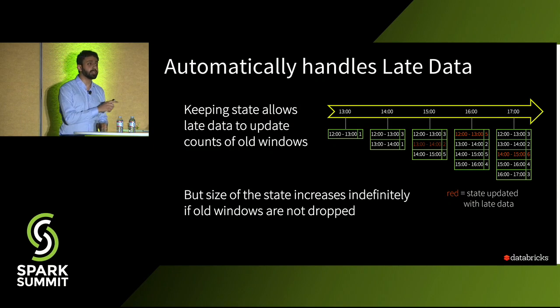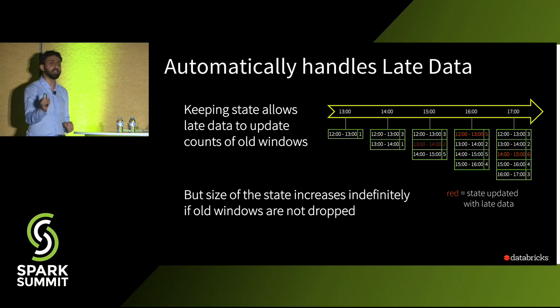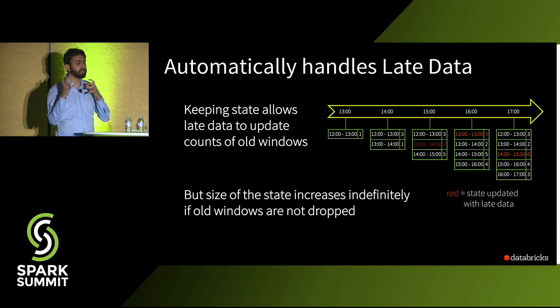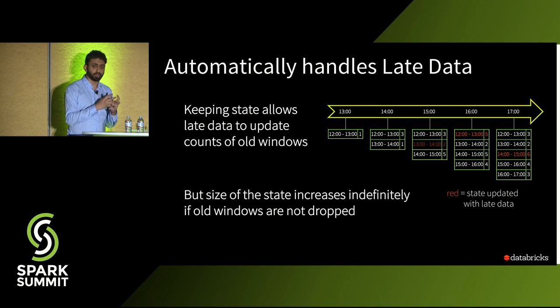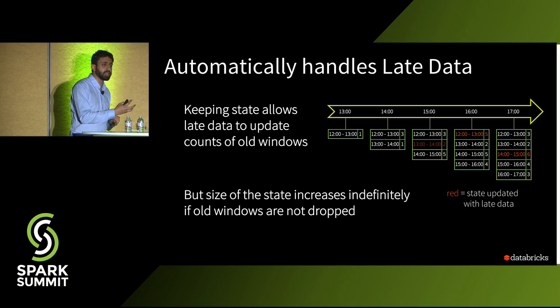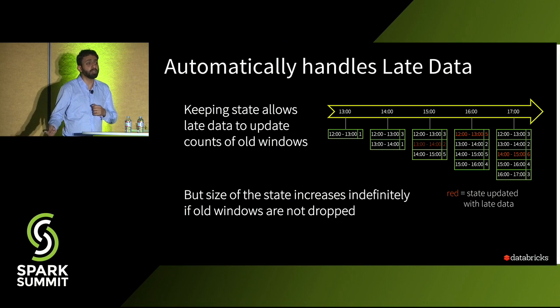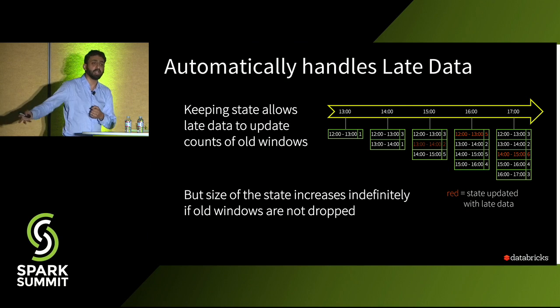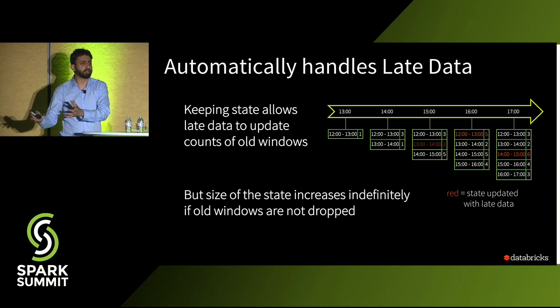And the cool thing is that this naturally handles late data because you're maintaining these intermediate aggregate counts as state. If data happens to come out of order and late, it can automatically be put in the right bucket, even though that is not the latest bucket being updated. That bucket still exists. So the late data can automatically be added to that bucket and counts updated.